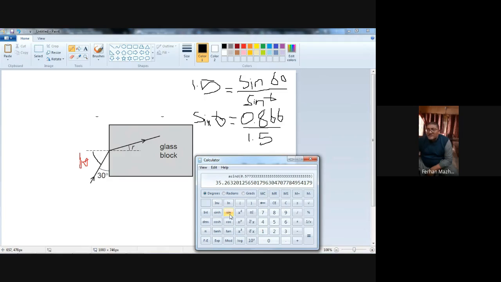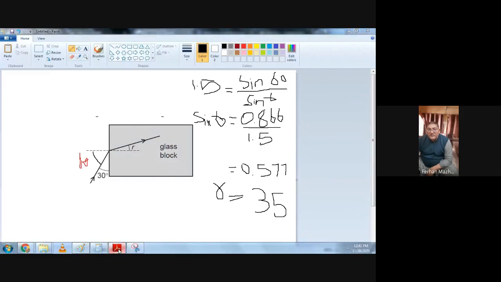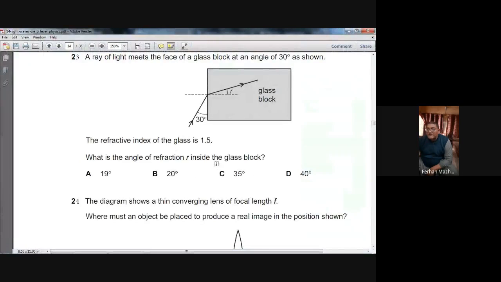The answer is approximately 35. You can do this on your calculators. So 35 is the answer. Do we have this option? Yeah, we have this option here. So C will be the right answer. That's question number 23.